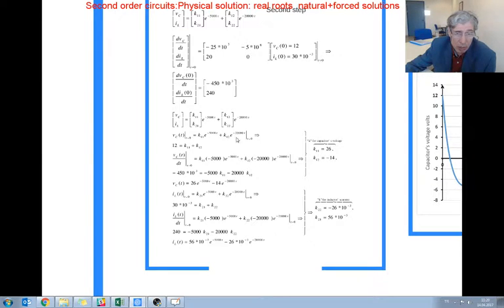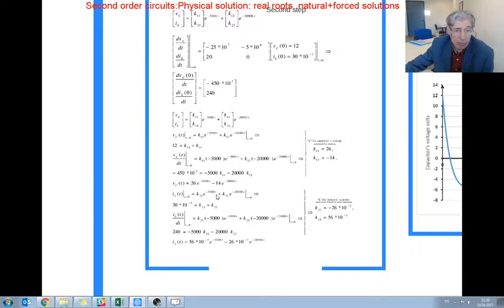The exponentials become 1, so you get k11 plus k12. Then if you find the derivative of this function and put t equal to 0, this is going to be the derivative's initial condition that you already found here, and another equation. So these two equations and two unknowns, k11 and k12. Therefore, I said we are solving two equations in two unknowns, and find vC(t).